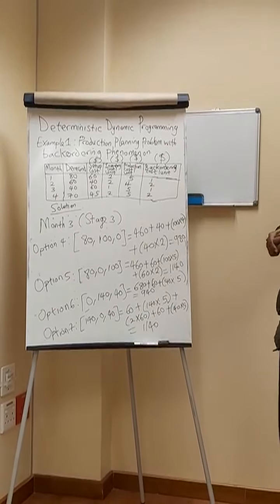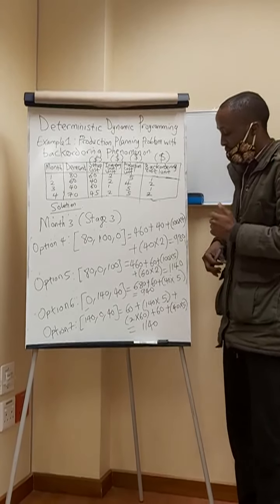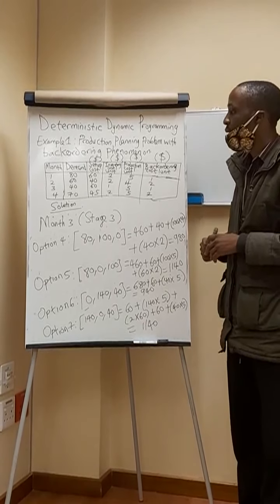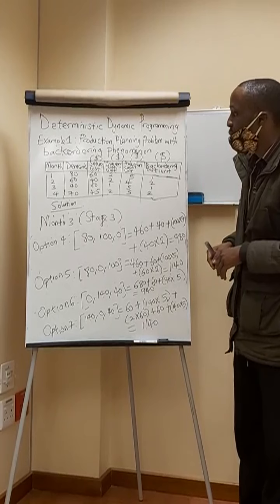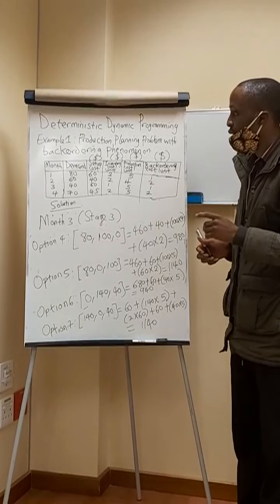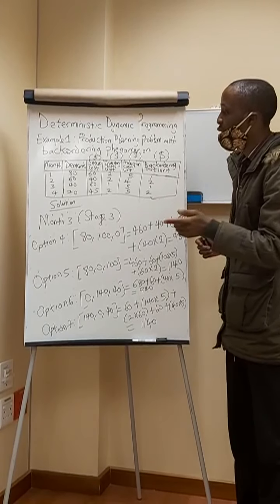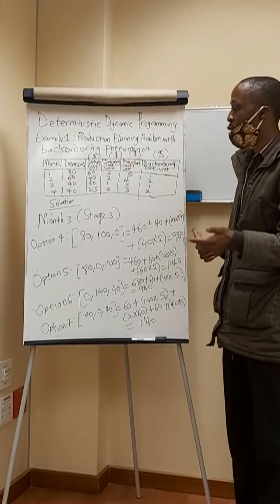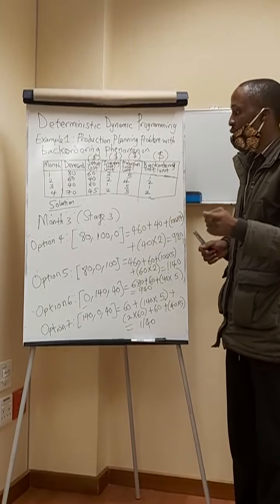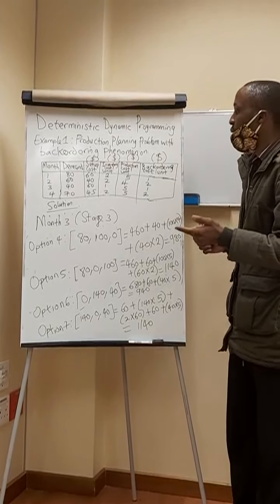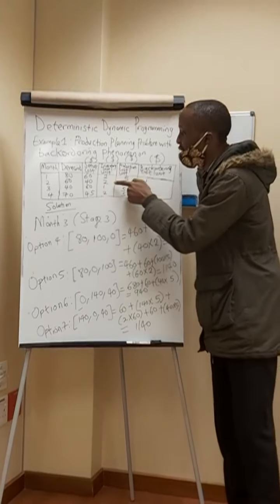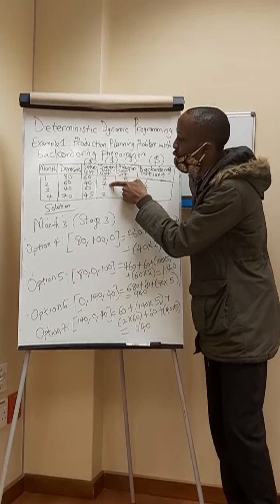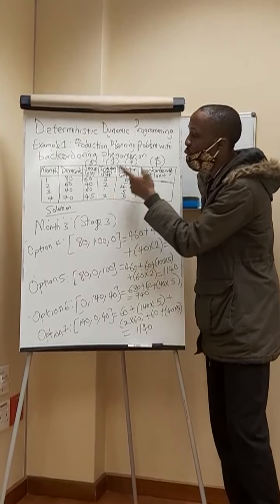Then from there, we have produced 100 times 4, which is the production cost. So out of this 100 that we produce in month 2, don't forget you release 60 to meet the demand of month 2. It means that out of the 100, you'll be carrying over 40. You'll be left with 40, which you are holding, which you need to carry over. So that means you are going to incur an inventory cost per unit of 2 in month 2 for holding 40 units.